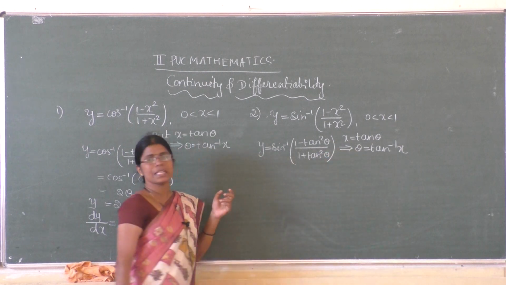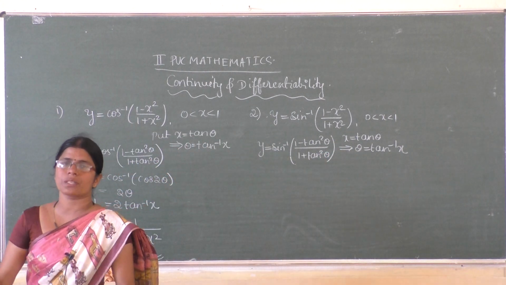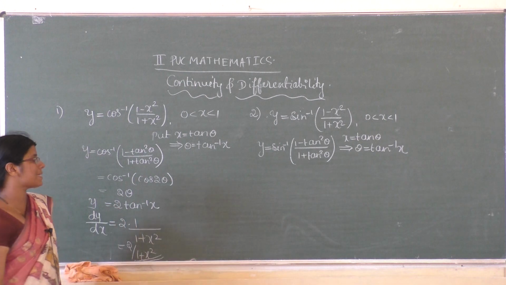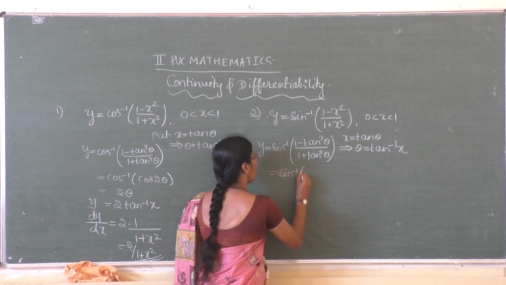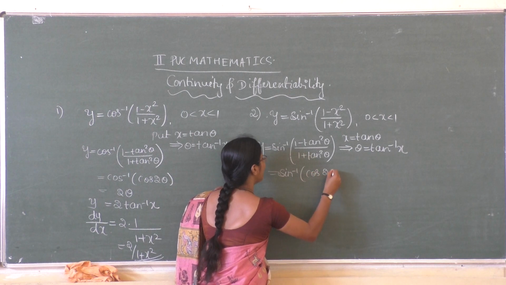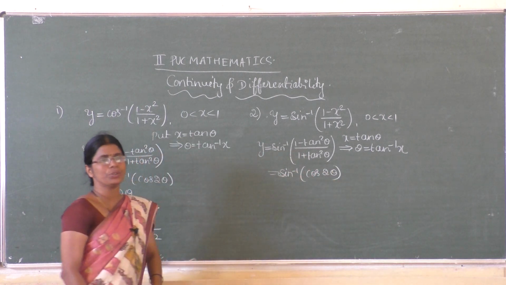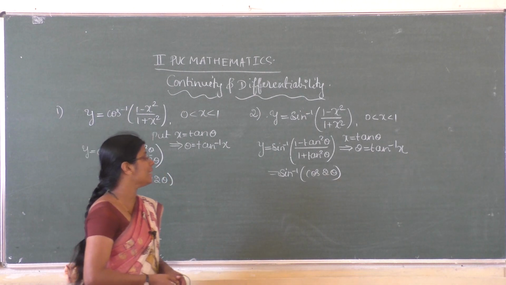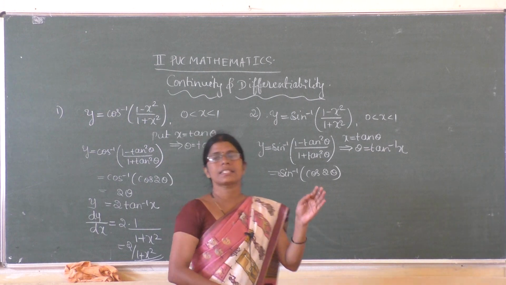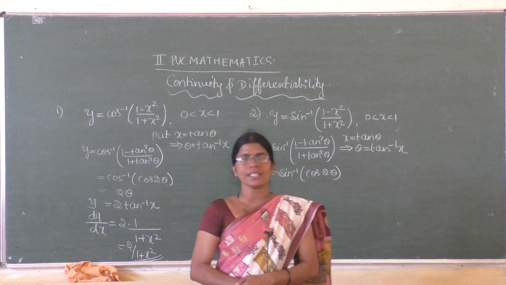As we know, this is nothing but cos 2 theta, so sin inverse of cos 2 theta. We studied in first PUC that cos theta can be written as sin of (pi by 2 minus theta). So this becomes sin inverse of sin of (pi by 2 minus 2 theta).